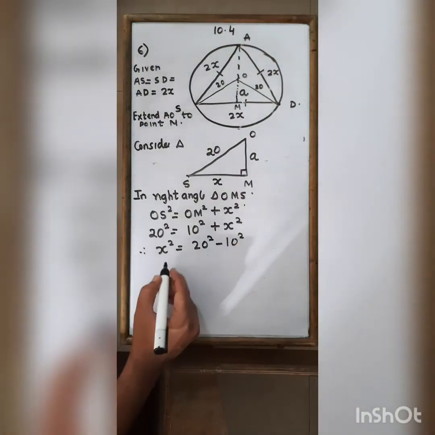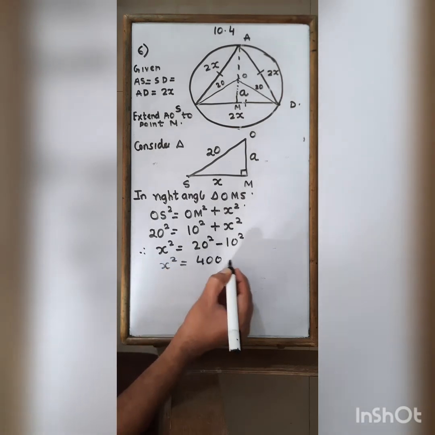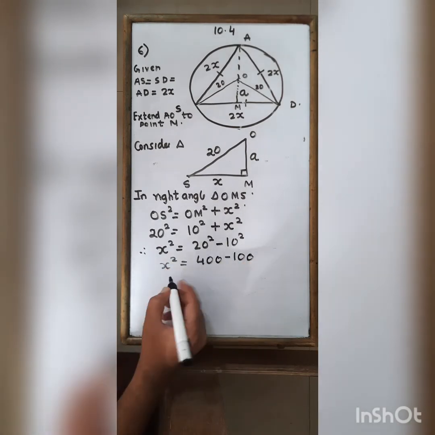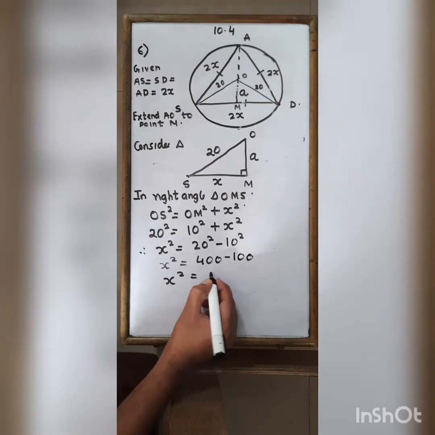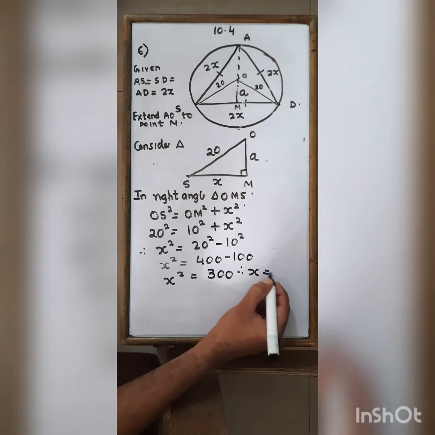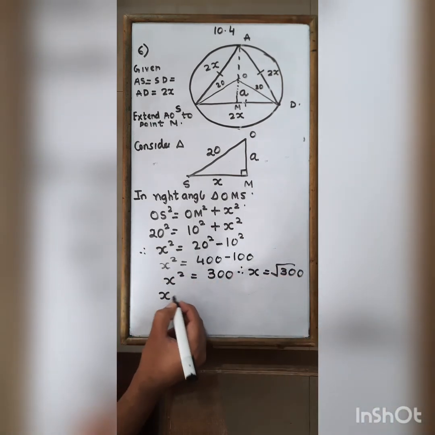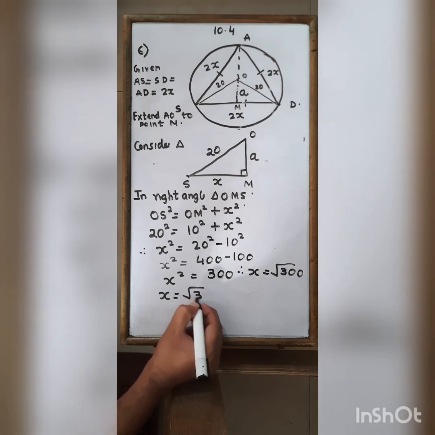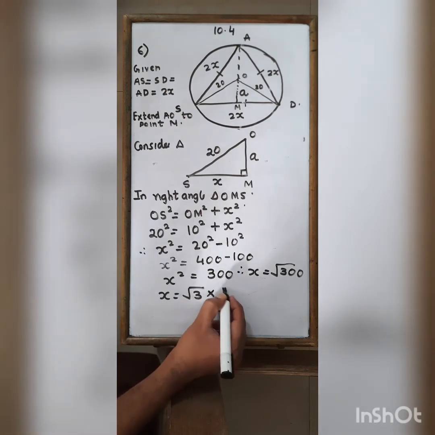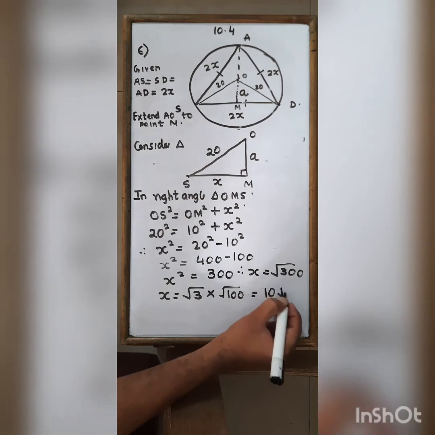So x square is equal to 400 minus 100. x square is equal to 300. Therefore x is equal to square root of 300. x is equal to square root of 3 into square root of 100, which is equal to 10 root 3 meter.